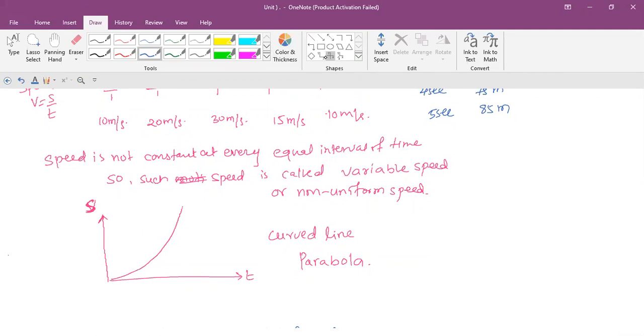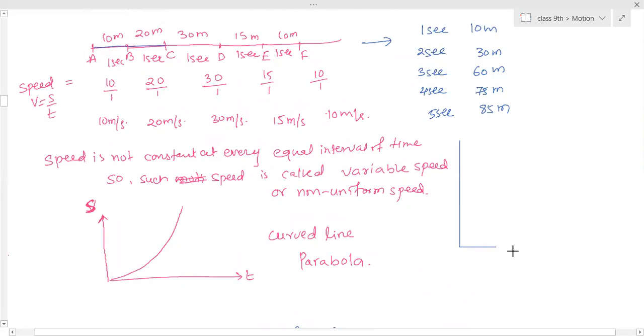Do we get a straight line? No, ma'am. So if we plot this, this is 0, then 1 second, 2 seconds, 3 seconds, 4 seconds, and 5 seconds. Here it is 10, 20, 30, 40, 50, 60, 70, 80, and 90.